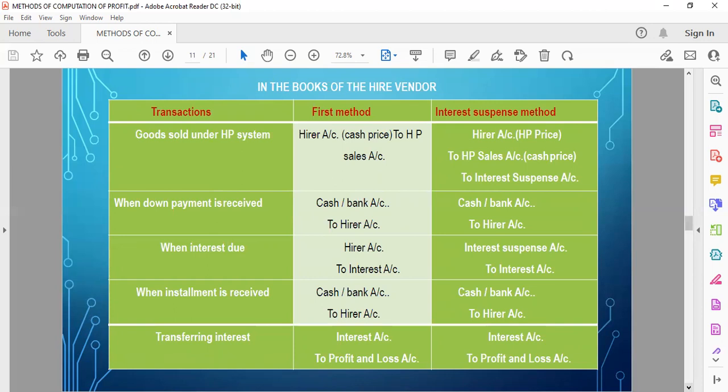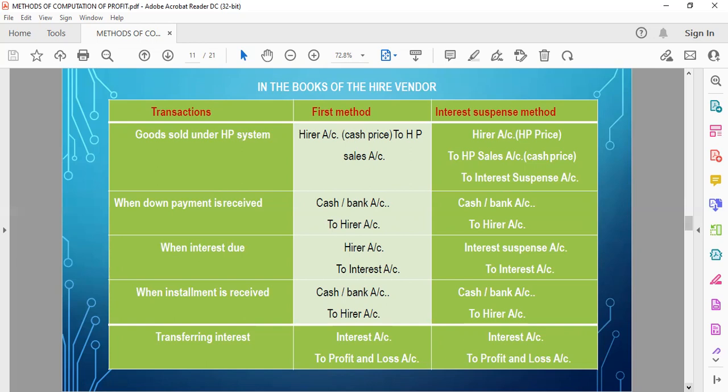But in the case of interest suspense method, hirer account debtor to hire purchase sales account and to interest suspense account. The next transaction is when down payment is received: cash or bank account debtor to hirer account. In interest suspense method, the same journal entry.